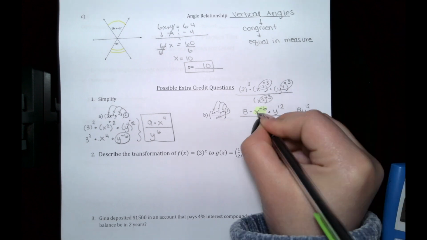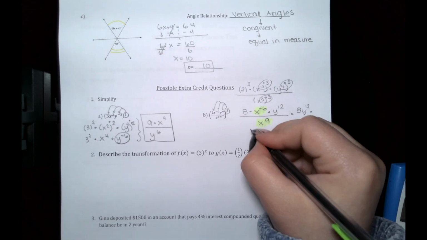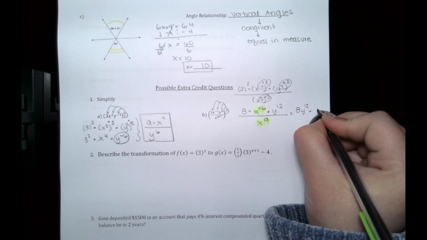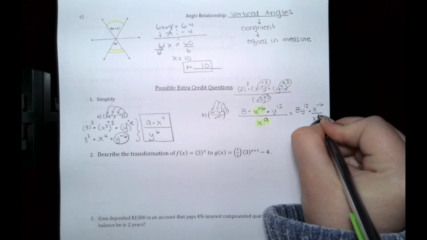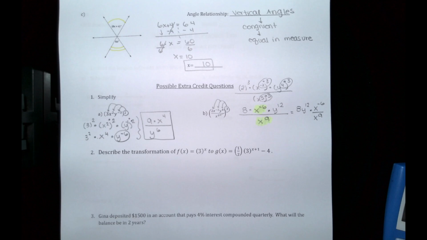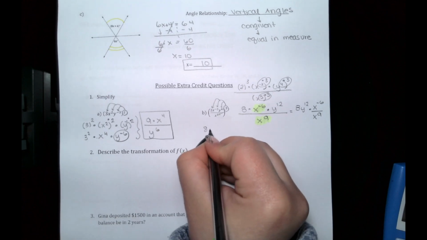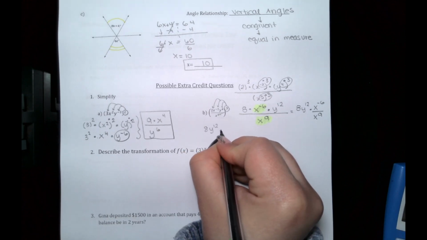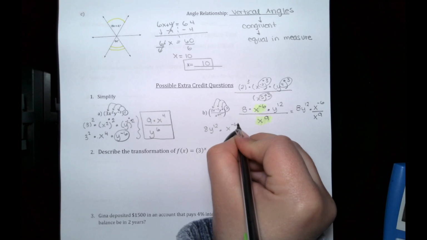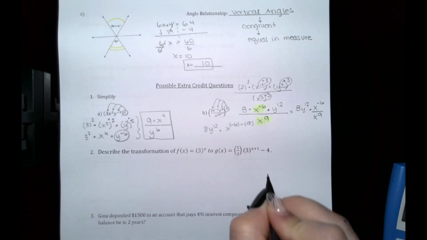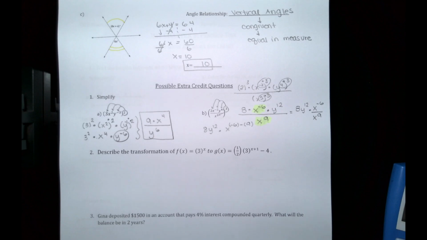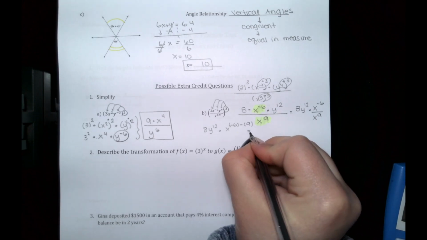It doesn't have anything like I don't have another y, I don't have another whole number, but I do have negative 6 and 9, both on x's. So to simplify that, we're going to take that negative 6 and we're going to say minus that 9. Okay, top minus bottom. Negative 6 minus 9, I get a negative 15.